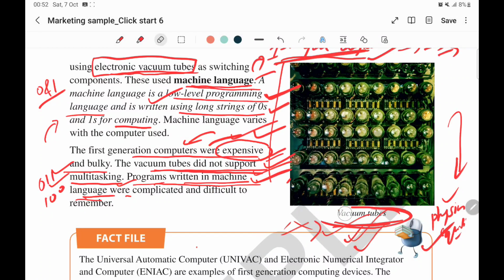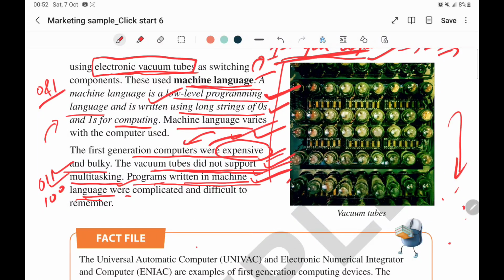That's why we are saying that those machine languages, which were low level languages, were not normal. They were very complicated and difficult to remember. It was not easy to understand those languages or to implement them in our program, to make any program or perform any task.